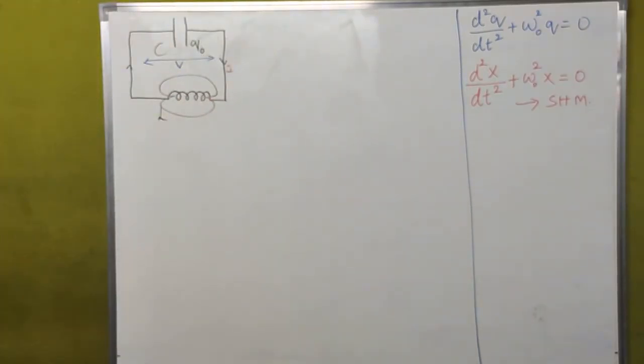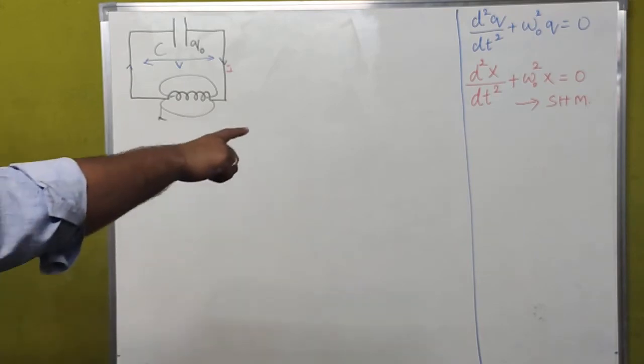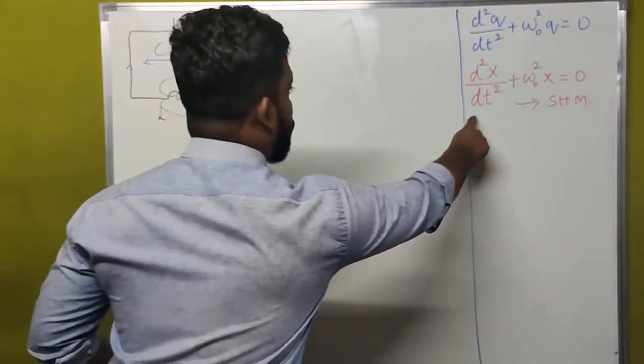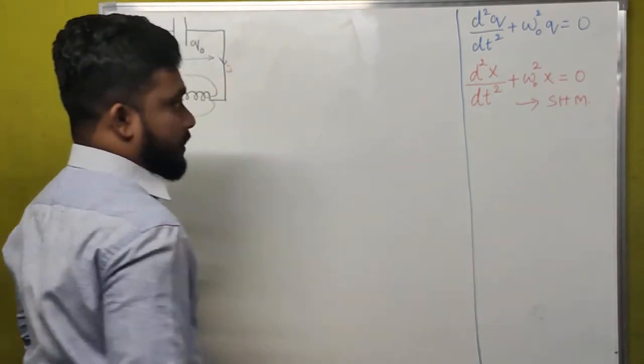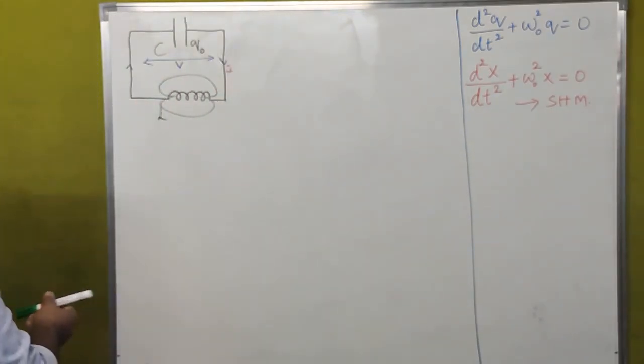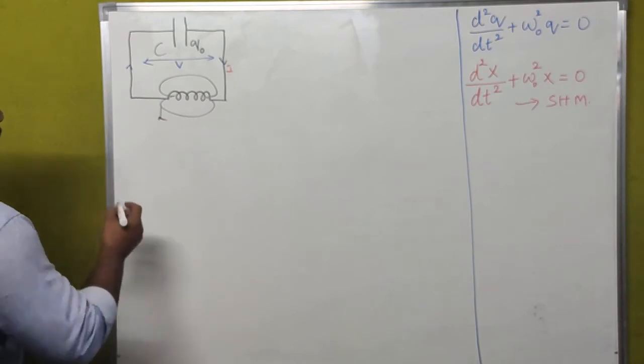Now let us look at what we have. If this equation is a simple harmonic motion of a particle's equation, then the charge varies sinusoidally with time.